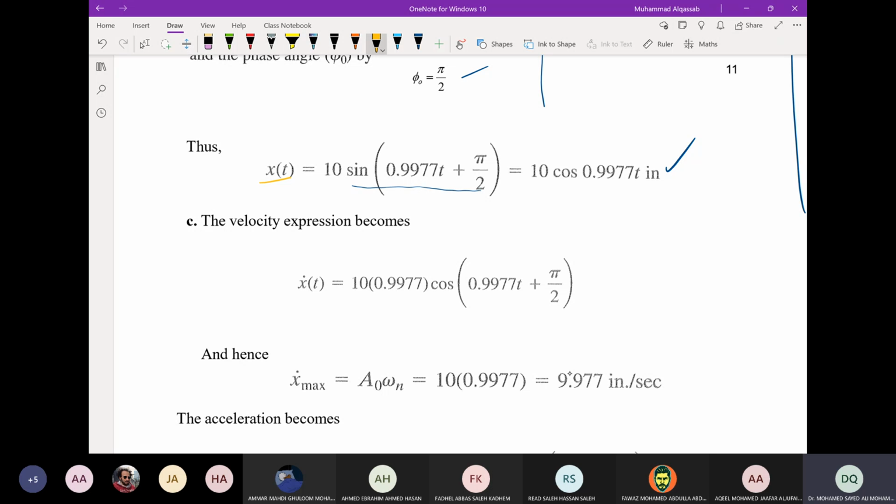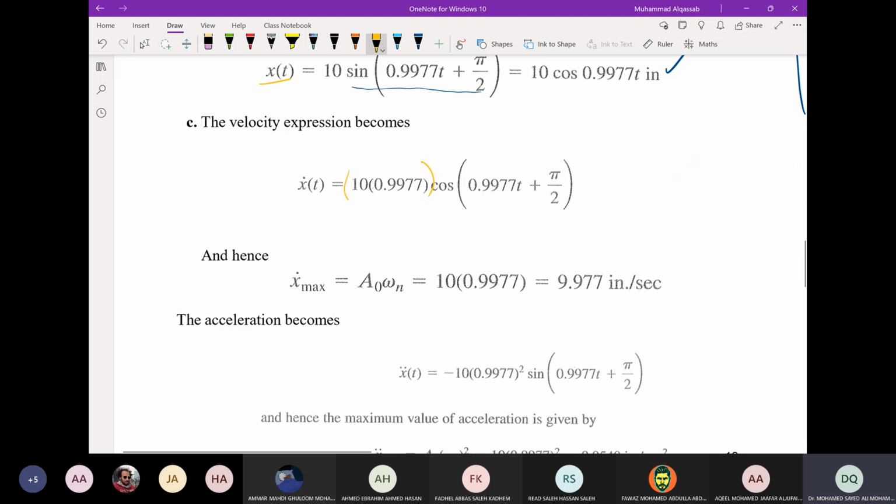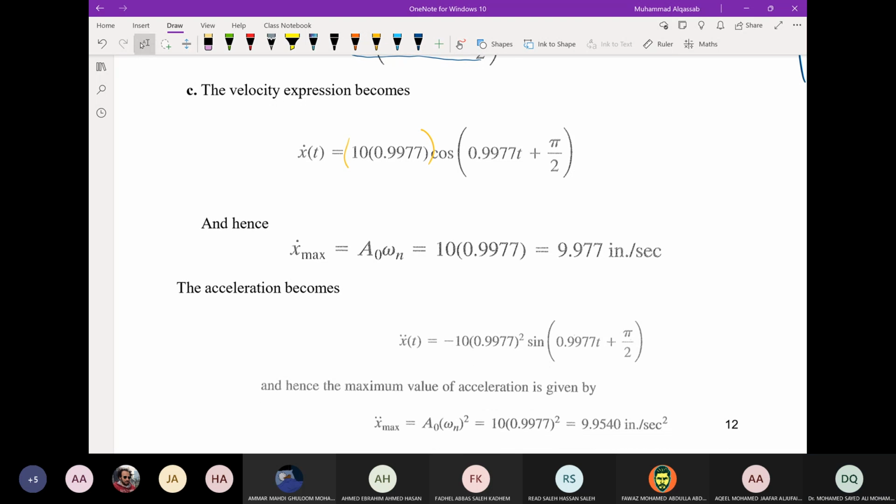You can differentiate to get the velocity equation, and it is 10 times omega n, which is 0.9977 cosine 0.9977 t. Differentiation of cosine is minus sine. And the coefficient of the cosine is the peak value. So you don't have to do this.